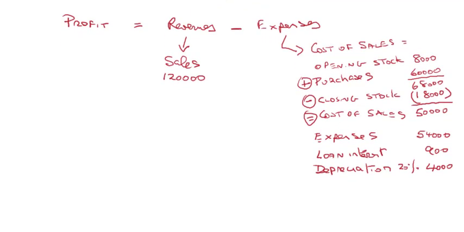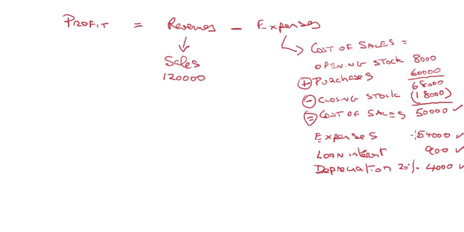So what have we got? We've got expenses of 50,000, which is the cost of sales. That's our first expense. Then we've these miscellaneous, a number of different expenses just bundled together, 54,000. We've the loan interest, and we've got depreciation as well. Let's just get a calculator and add it up.